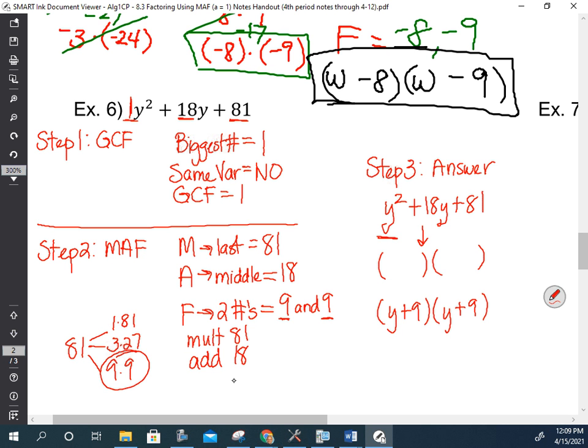Why is it plus? Because it was positive. y plus 9 and y plus 9. You can write the answer like this, or since you're multiplying 2 of the same thing, you can write it as y plus 9 squared. Either way is acceptable.